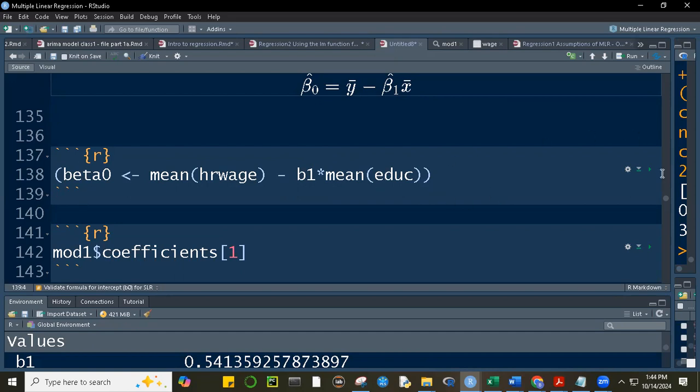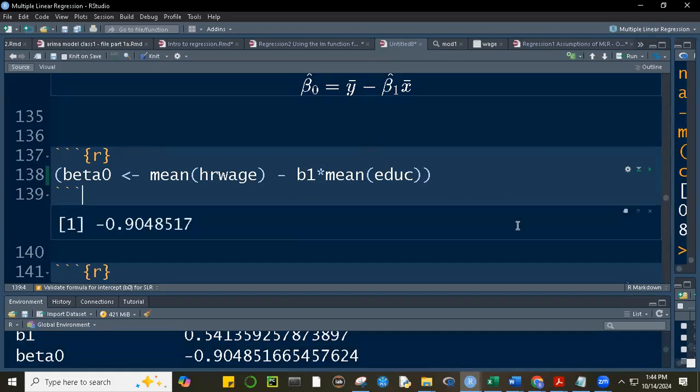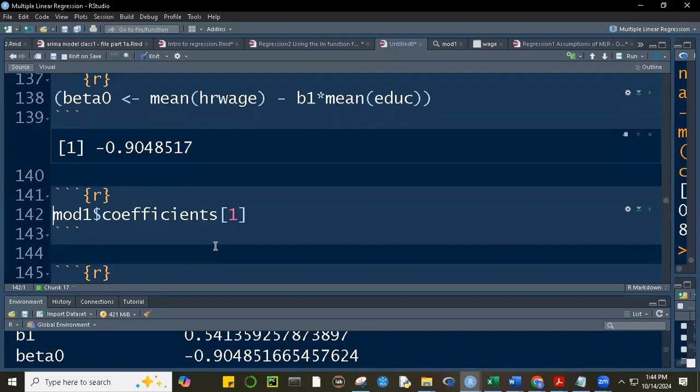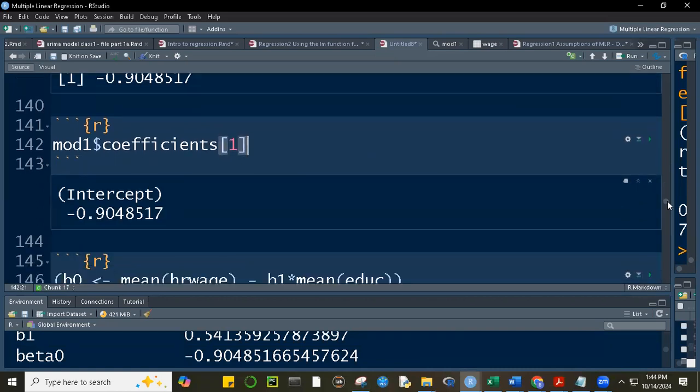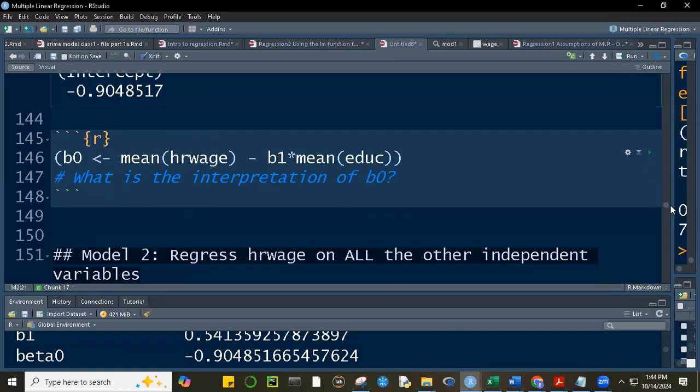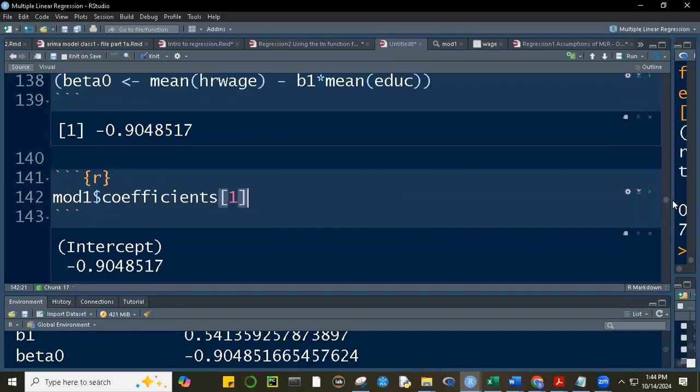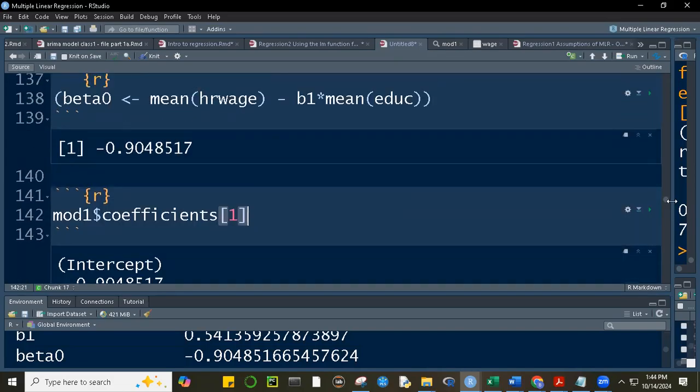Okay, so I'll run this, class, and it's negative 0.904, and you can actually access that, class, compare it with model 1 coefficients, and then the first one, because the first one will give us the intercept. Okay, and if we run this, you get the same intercept. Okay, I'll give you a few seconds for your copying.